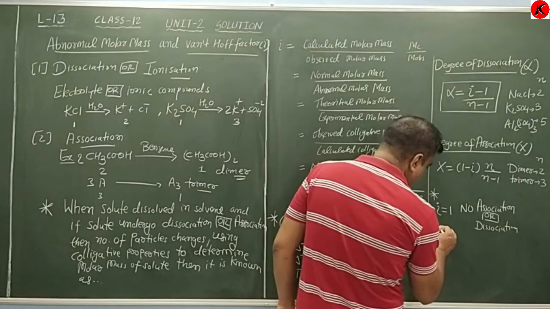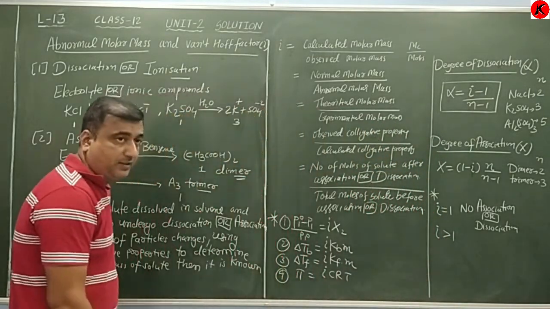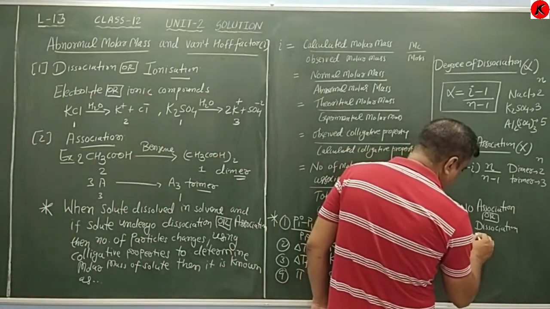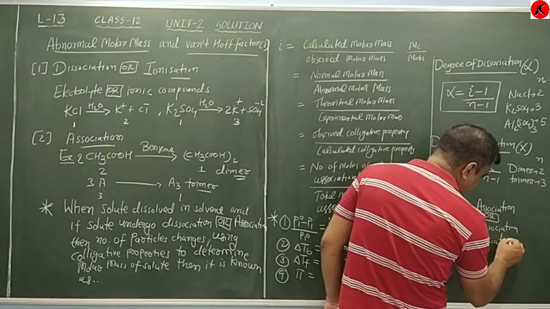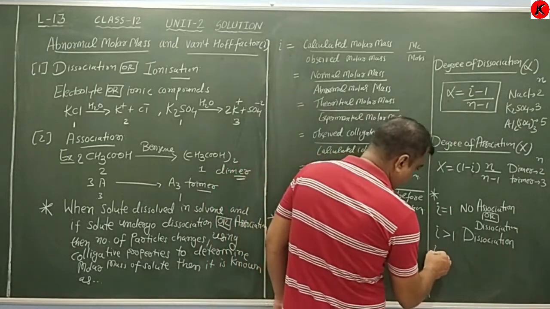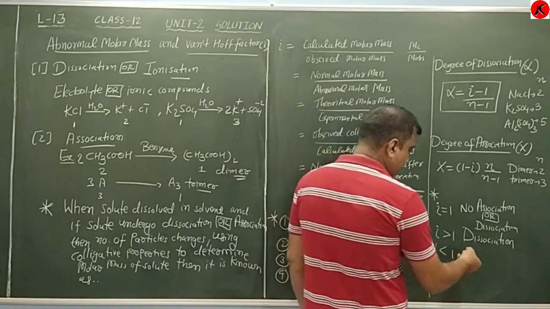Now i greater than 1 means dissociation always occurs. And when i is less than 1, then association always occurs.